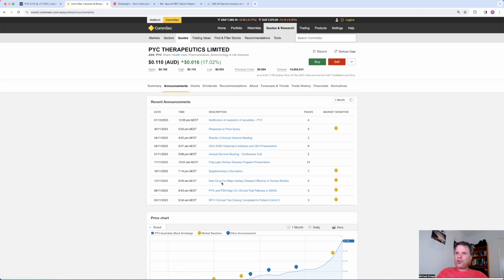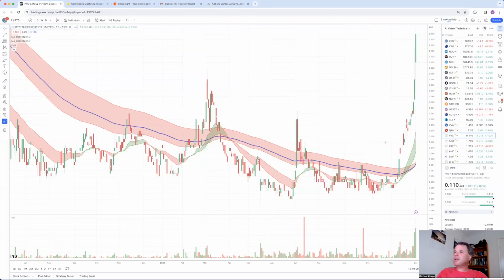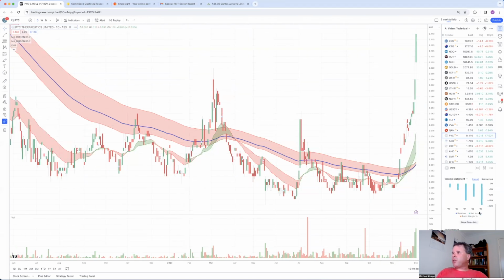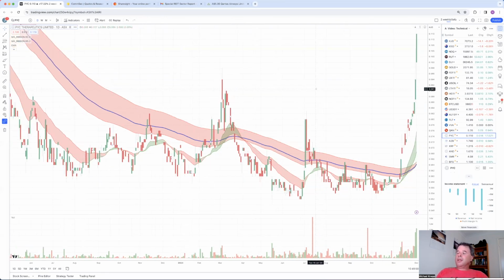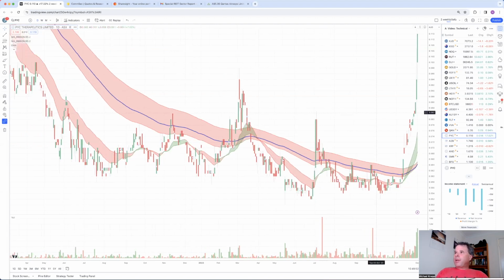They did a new drug for major kidney disease effective in human models back on the 13th of November, somewhere in there. Maybe that was a catalyst. But anyway, the market cap of this company is 350 million. Jeez. Does this company have any revenue? No revenue. It's just a research and development company at this point in time.